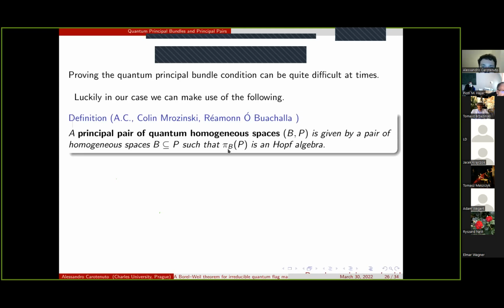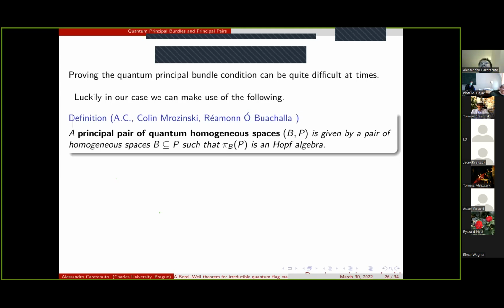What is a Hopf algebra? Consider again the simplest case. In the simplest case, P is actually a Hopf algebra. But the case that we're going to consider is the pair given by a quantum flag manifold and a Poisson homogeneous space, and pi B of P is going to be that torus that we mentioned before.